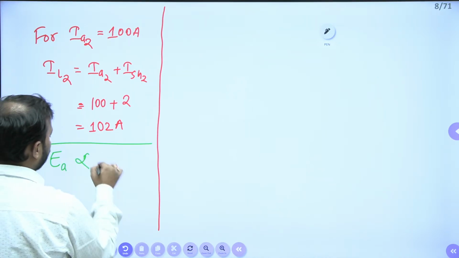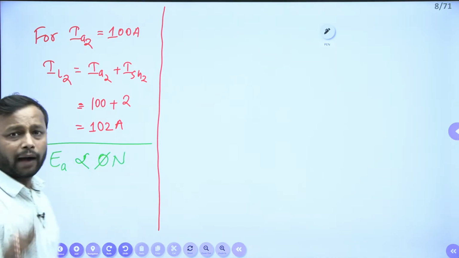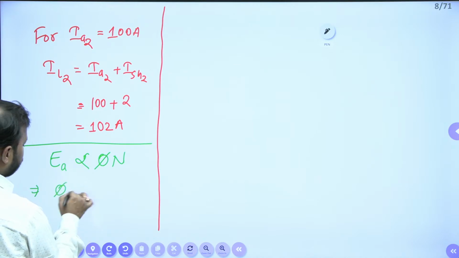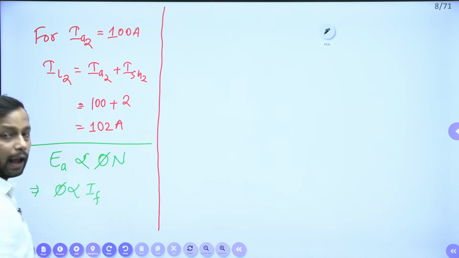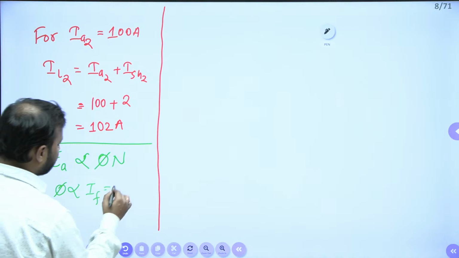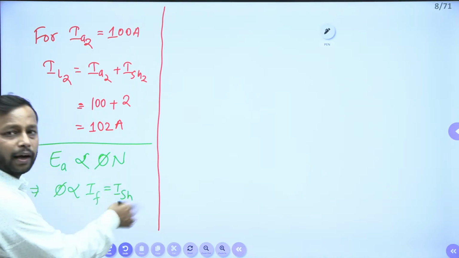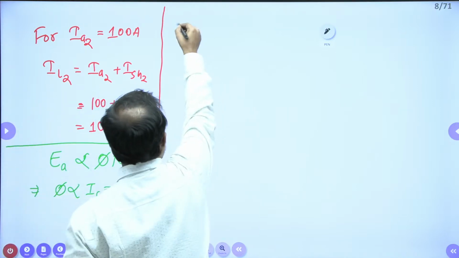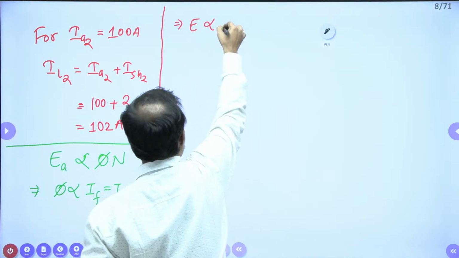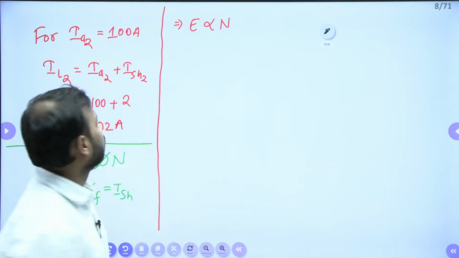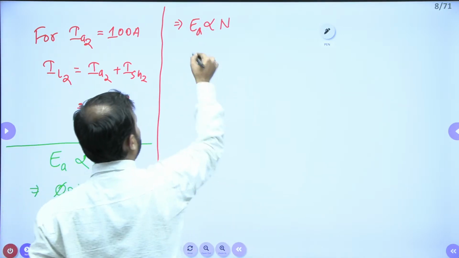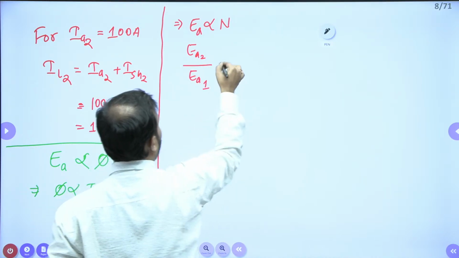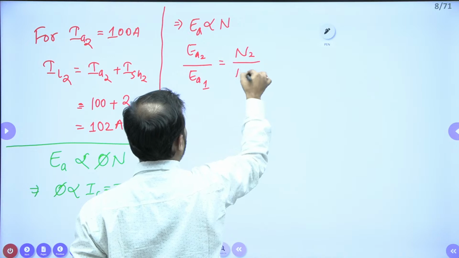EA is directly proportional to phi n, and in a shunt machine this phi is constant because phi is directly proportional to field current, which here is basically the shunt current. Since shunt current is constant, your flux is going to be constant. Done? So can I say EA is directly proportional to speed. So EA2 divided by EA1 is equal to N2 by N1.